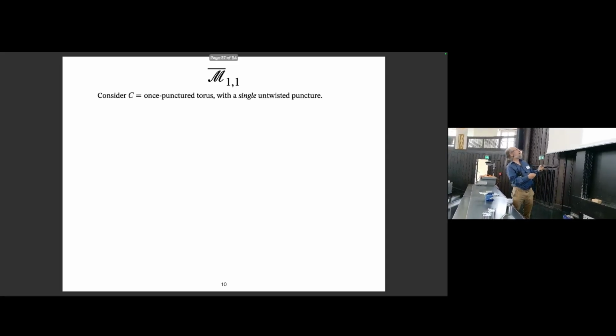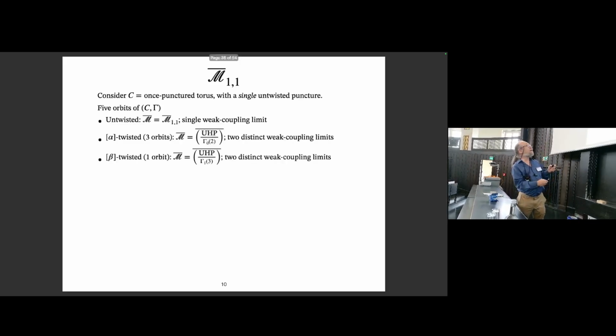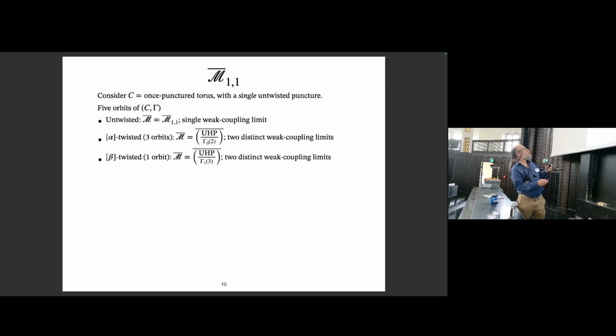Okay, so let me warm up with the once-punctured torus. And we'll take the once-punctured torus with an untwisted puncture, just something from the good old untwisted sector. And I claim there are 5 orbits of this in this moduli space of pairs. One of them is the untwisted thing, where the conformal manifold is just the moduli space of the once-punctured torus.